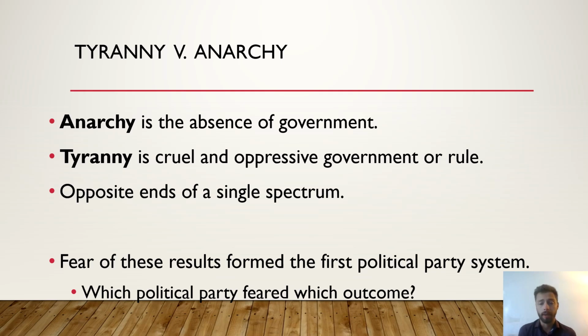Now, let's quickly understand, before we dive into the state of nature, a difference between tyranny and anarchy. Well, they're two sides of an opposite spectrum, of a single spectrum. And we understand that they were what the founding fathers from different political party collectives were fearful of and incentivized the formation of the systems of government that they advocated for.